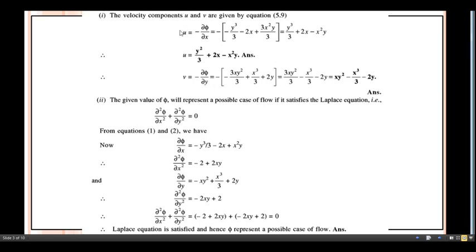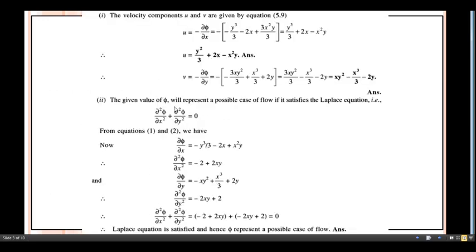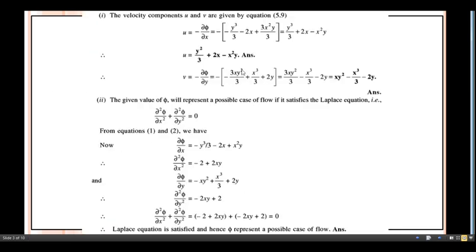now we can easily get the values of u and v. This relation we already have from the previous step, and this relation is also with us. So u equals minus ∂phi/∂x, and this term is already available with us.